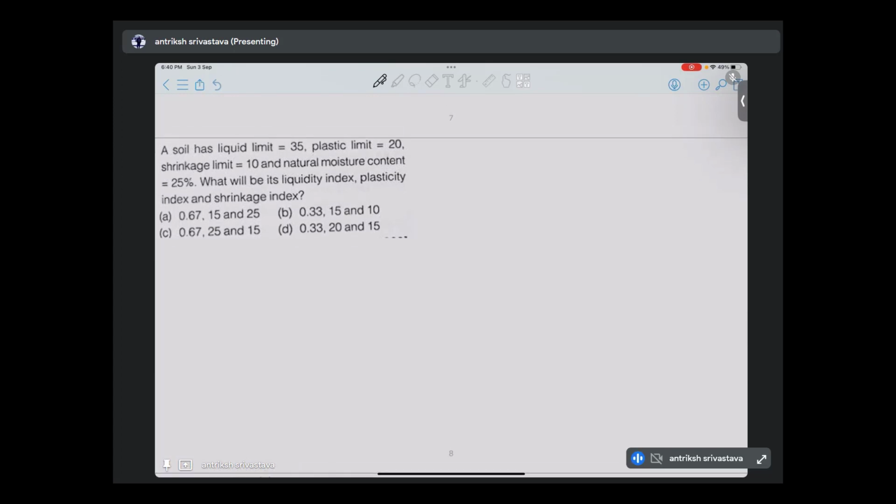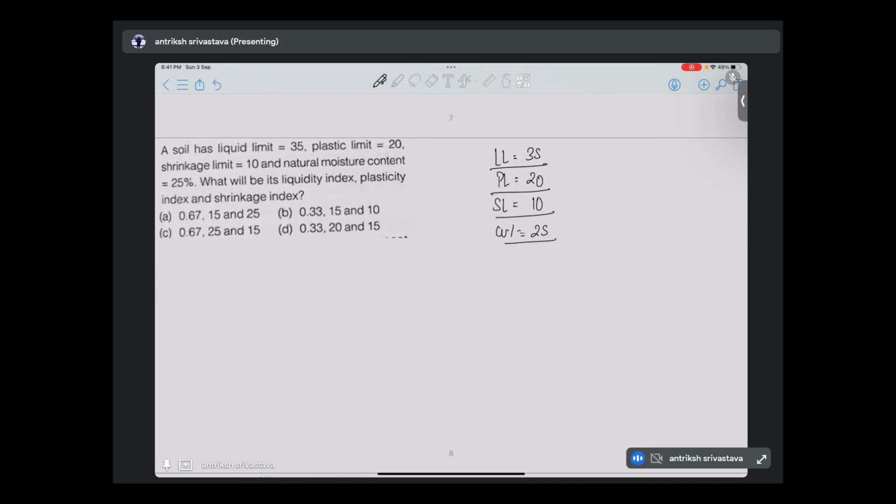Soil has liquid limit 35, plastic limit 20, shrinkage limit 10, and natural moisture content is 25. What will be the liquidity index? Someone has already answered, Pragati, as answer B. So let us all try to calculate.